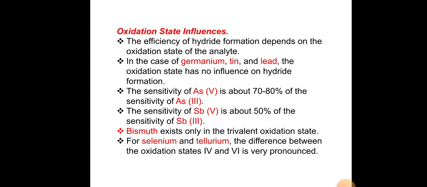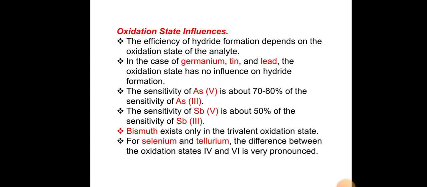But about arsenic, the sensitivity of arsenic 5 is about 50 to 80% of the sensitivity of arsenic 3. The sensitivity of antimony 5 is about 50% of the sensitivity of antimony 3. And bismuth exists only in the trivalent oxidation state, so for bismuth also we don't have any problem.